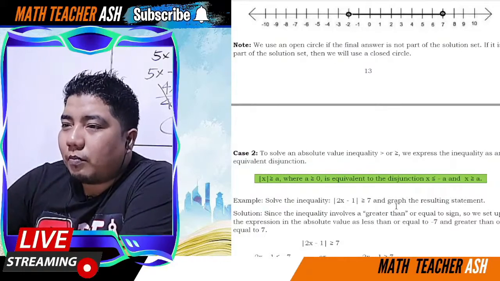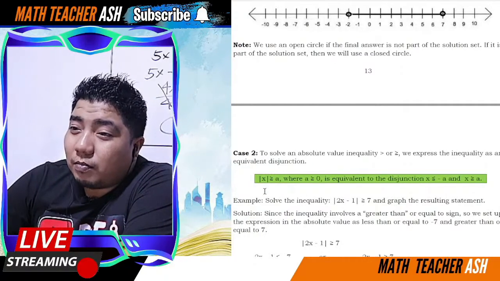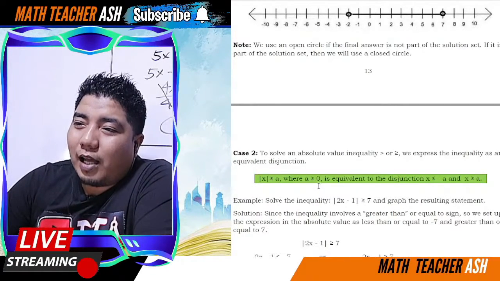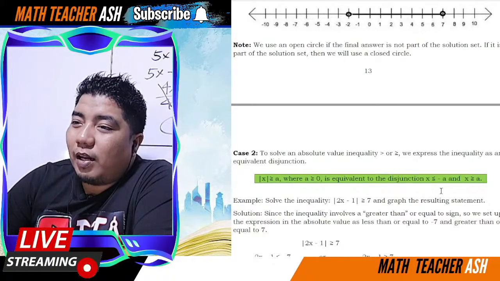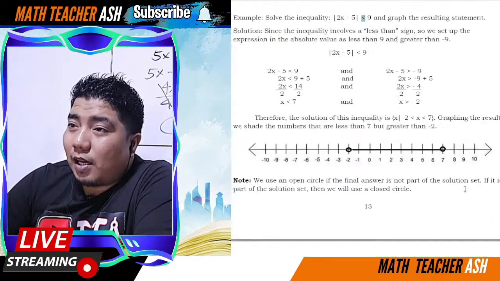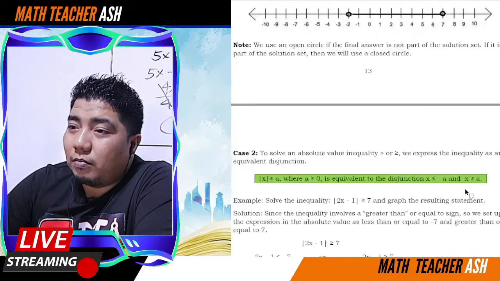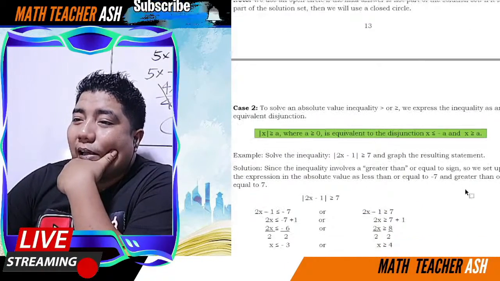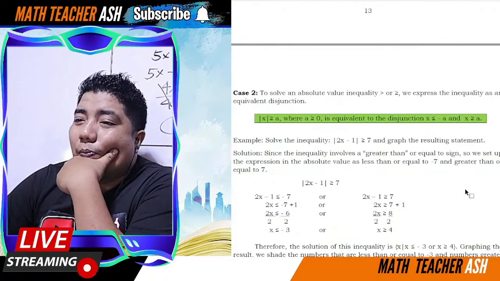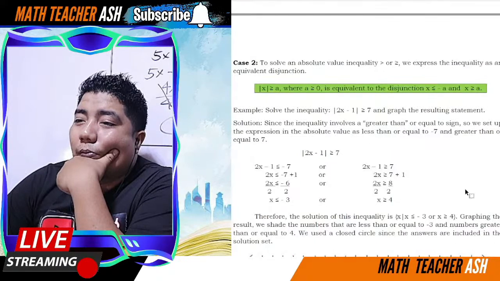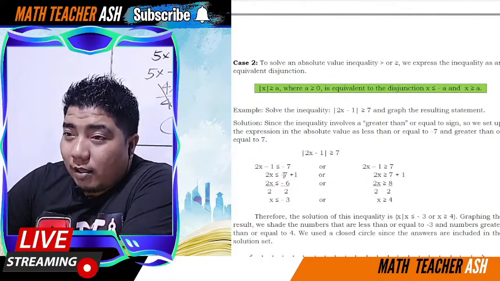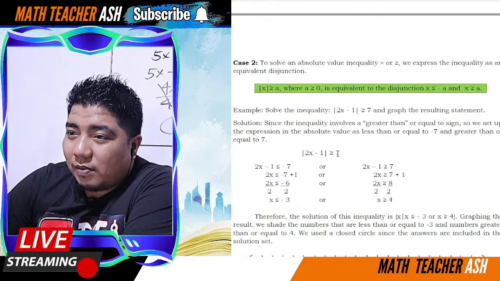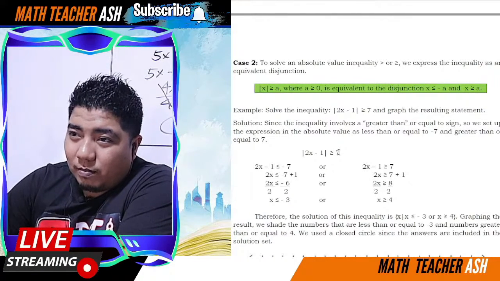So, if the absolute value of x is greater than or equal to a, where a is greater than 0, it is equivalent to the conjunction. The same lang sila kanina, right? Case number 2. Okay. Katulad pa rin kanina ito. Okay, so ang nangyari is kinuha. Okay, ang counterpart nito, this is positive 7, that is greater than 0.